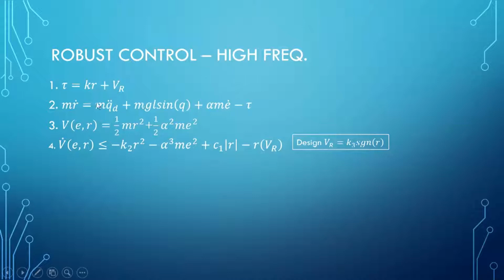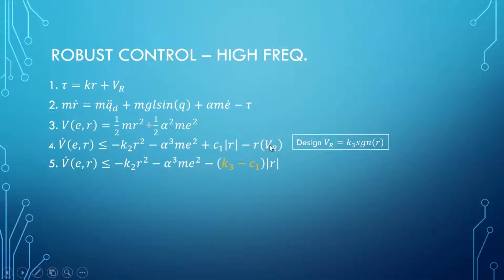First we design the high frequency controller. Second, the open loop dynamics, and third, find the Lyapunov function, take the time derivative, and substitute the control input tau in here, which consists of a feedback term and a high frequency term.